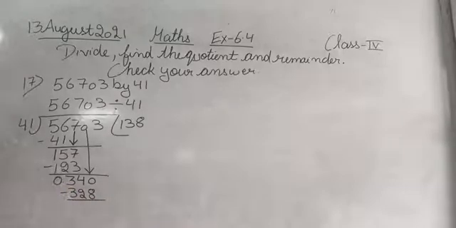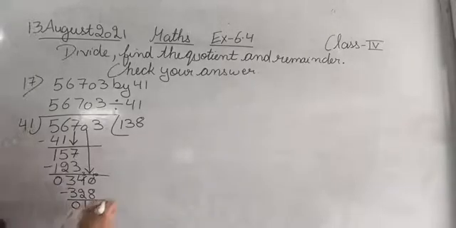Okay, so let's subtract it. This is 10, 3. 10 minus 8, 2. 3 minus 2, 1. 3 minus 3, 0. We got 12. So after subtracting 328 from 340, we got 12.